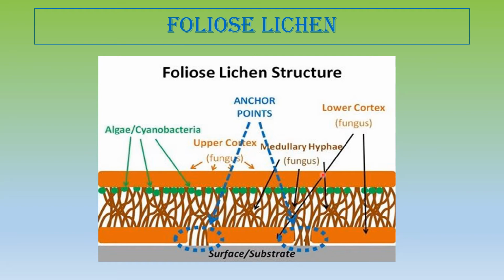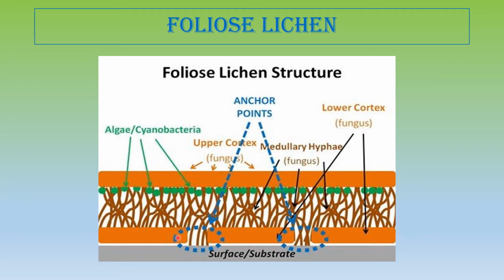The next layer is the layer of algal cells, which can be both green algae as well as cyanobacteria. Next to the algal layer is the medullary layer, which is also fungal but loosely intermingled. They are not closely adherent like the upper cortex. This helps in gaseous exchange. And next to the medullary region is the lower cortex.